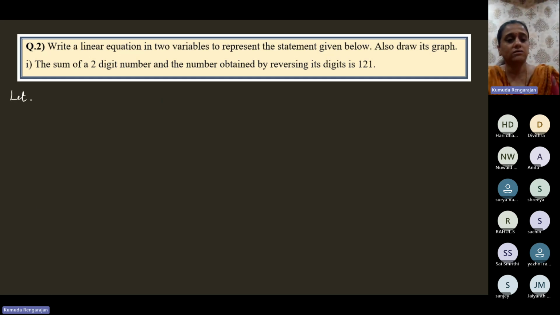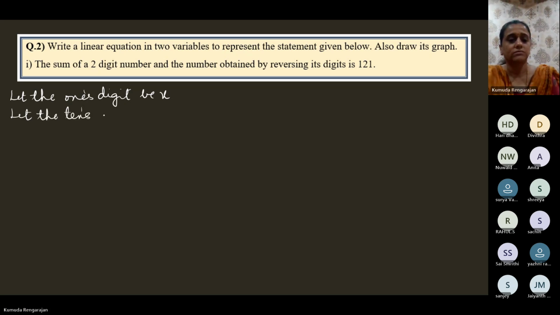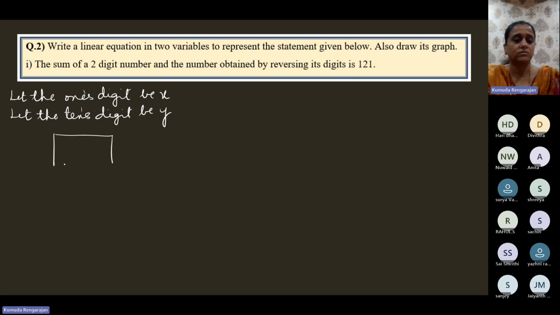Let the ones digit be x. Let the tens digit be y. So it's like this: ones, tens, x, y.